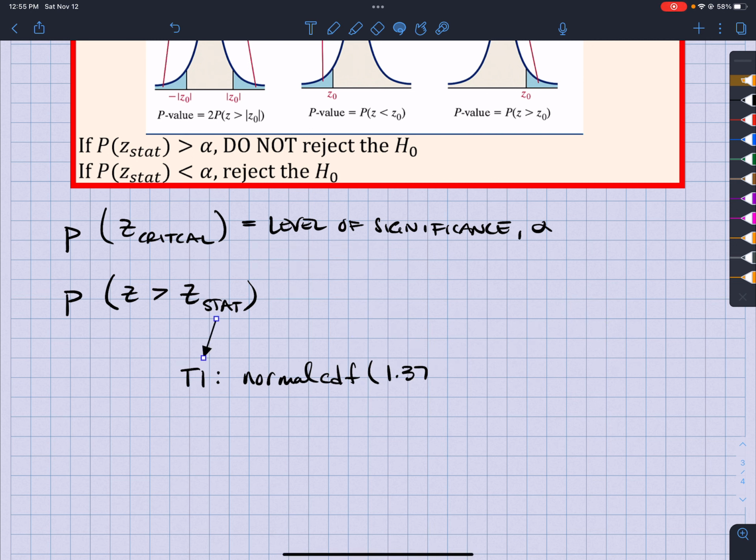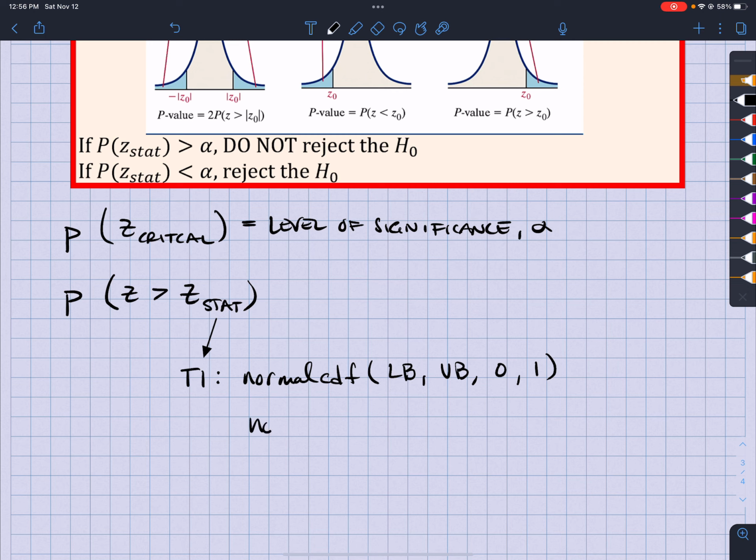To find this, let me do it this way. Because when we wrote this down, this would be the lower bound, comma, the upper bound, comma, 0, comma 1.